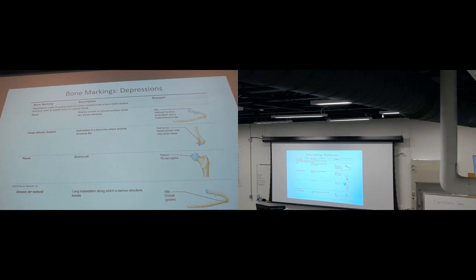So in this region, let's say this is the costal groove. You have a vein, then you have here in the middle an artery, and then you have a nerve.